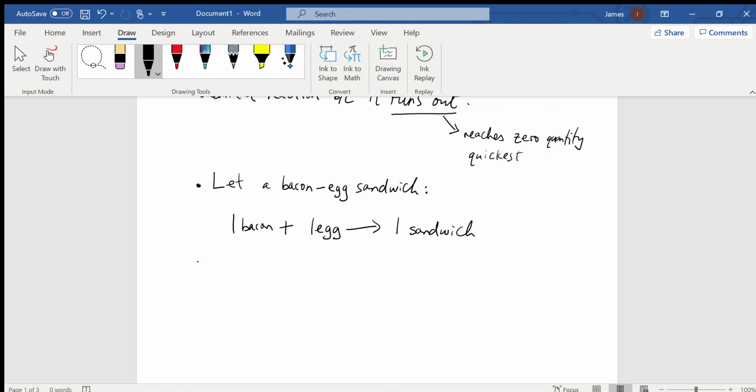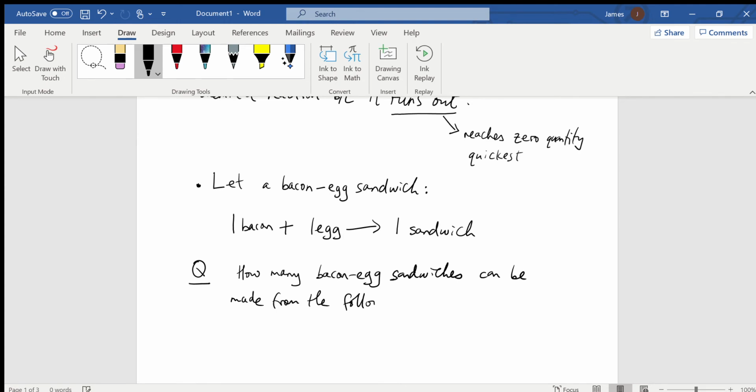Okay, so there's a question. How many bacon egg sandwiches can be made from the following ingredients?